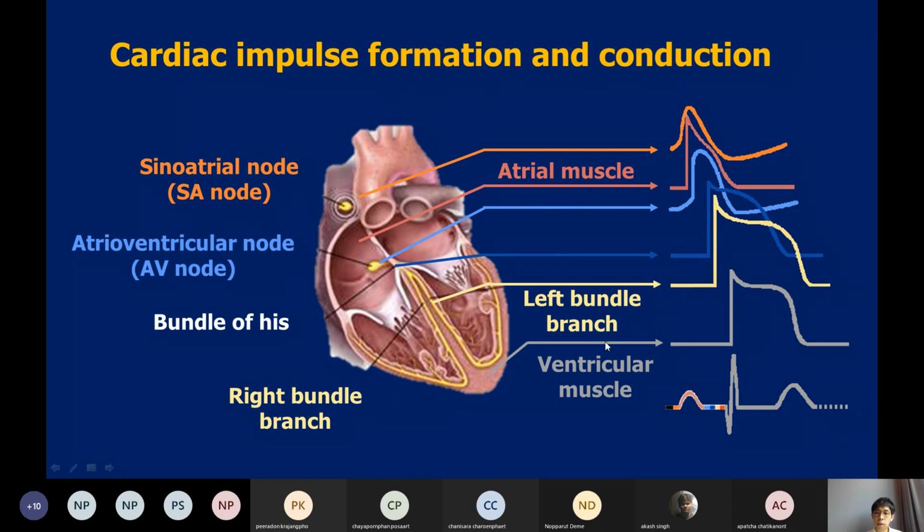You can see that in the ventricular muscle cells in the gray diagram and the left bundle branch cells, the action potentials are quite similar because these are non-pacemaker cells.